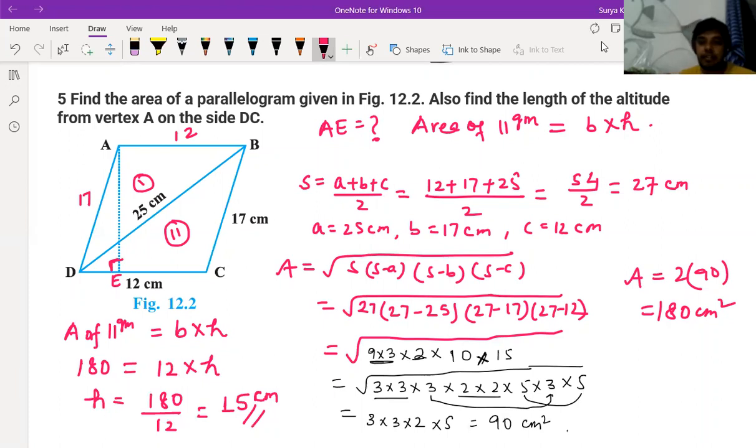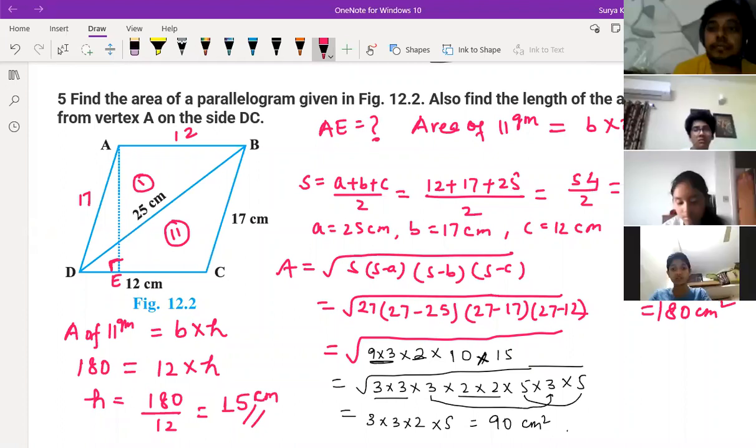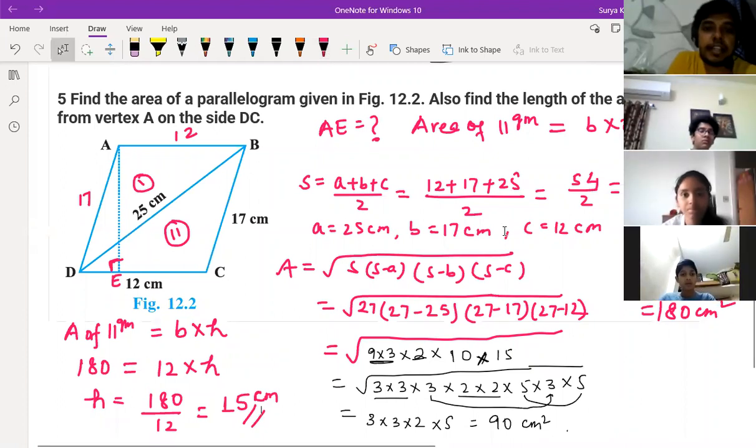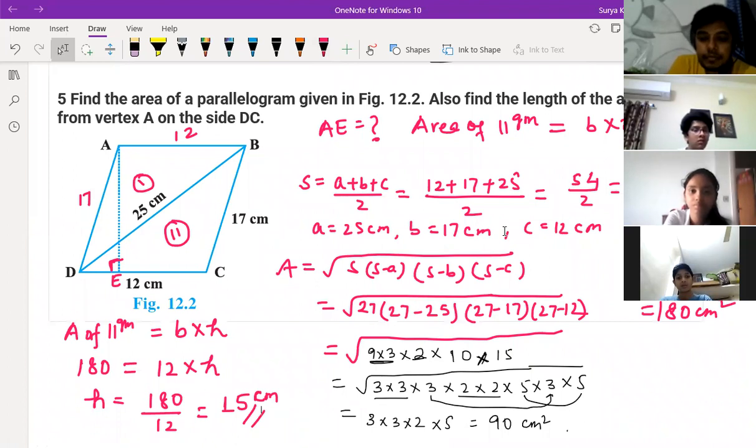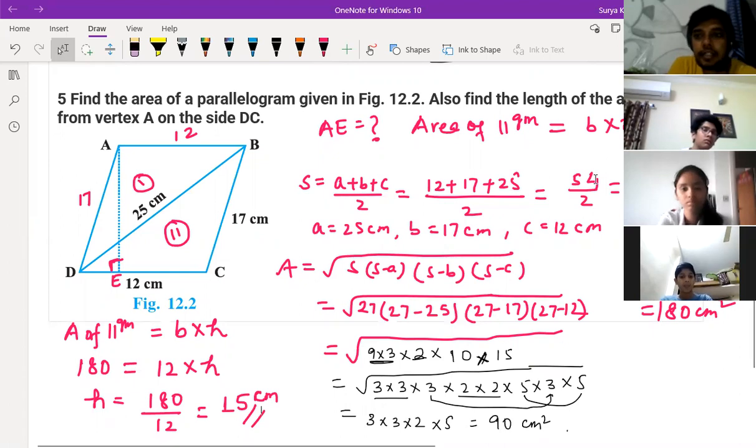Is it clear to everyone, children? So we got the height as well as the area of the parallelogram. Shall we close the meeting here?